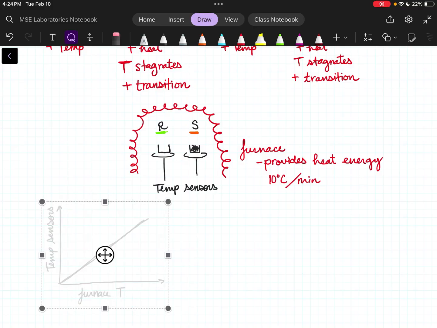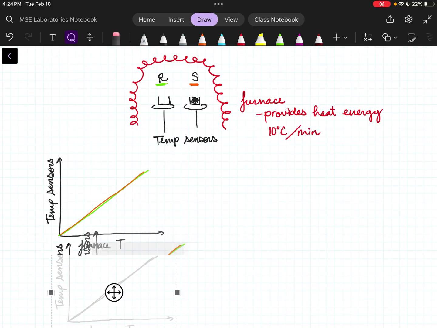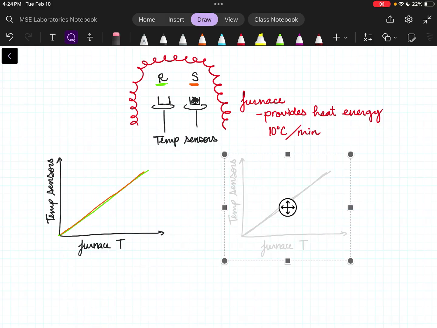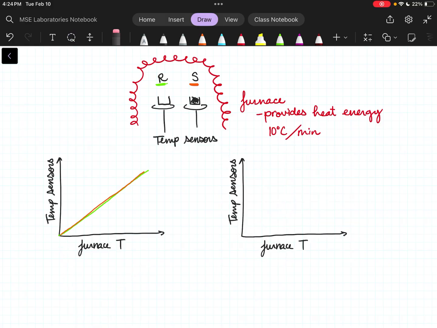Let me just scoot that over, and I'm going to duplicate that next door so that I can specify this is with, that's with an empty sample cup.